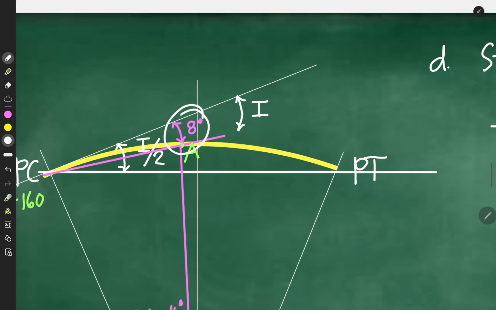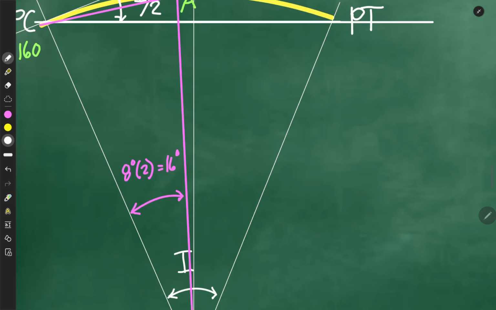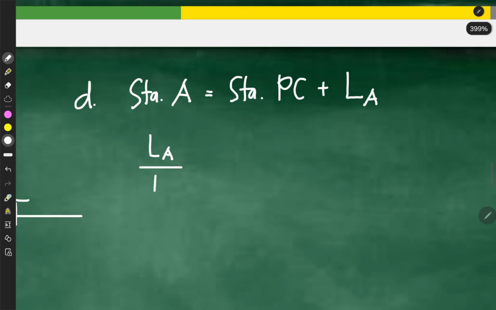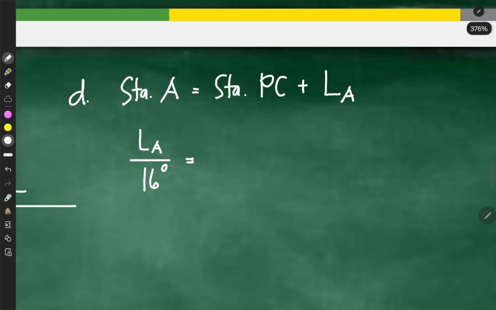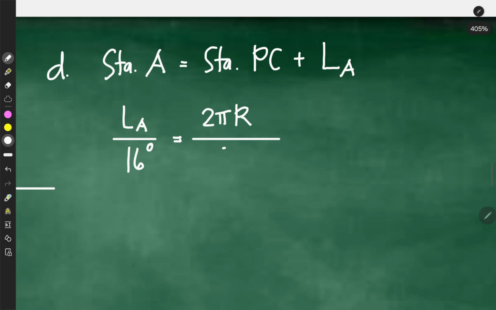Because the deflection angle from the back tangent going to that point is just half of the central angle, twice when extended to the center of the circle. So 16 degrees corresponds to the length of the curve, while for our whole circle, that is our circumference, 2 pi r, the angle covered is 360 degrees.